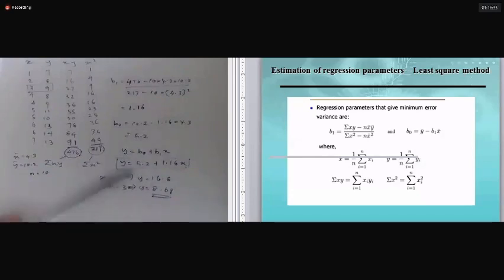Is our equation wrong, or is there any other reason for this difference? Any idea?